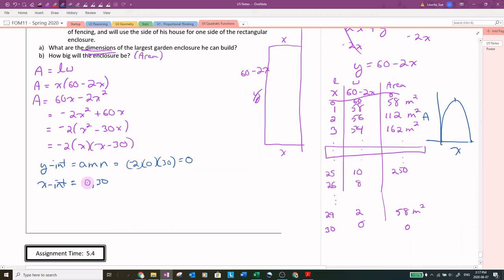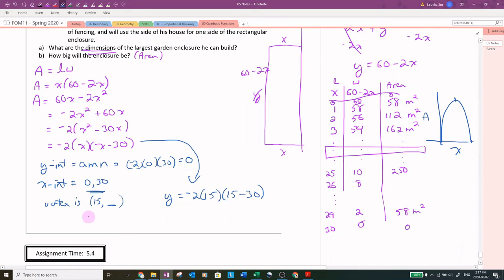Which is important because the vertex is in the middle, right? So from this, we know that the vertex is going to be 15 something, because it's going to be in the middle between the two x-intercepts. So then we take this equation and we go y equals negative 2 times 15 times 15 minus 30.